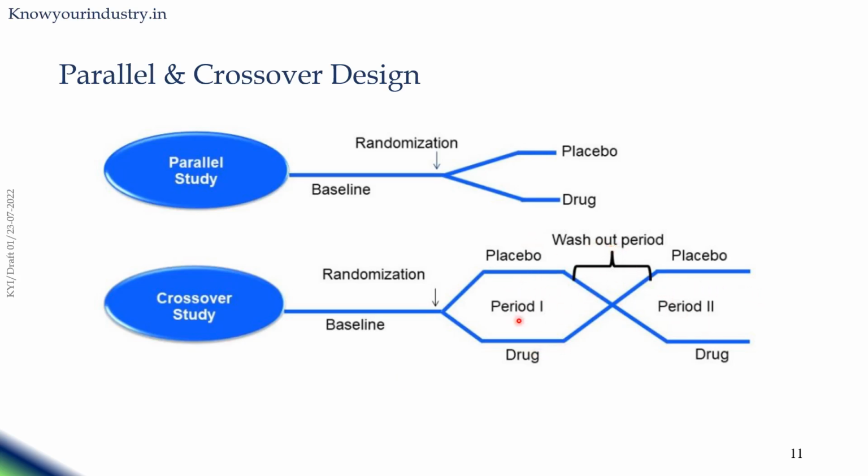In the first period, the subject will receive the drug treatment, and after the crossover, in the second period, he will receive the placebo. Similarly, the subject who receives the placebo in the first period will receive the drug in the second period. So this is called a typical crossover design. This is also being done in a randomized manner.